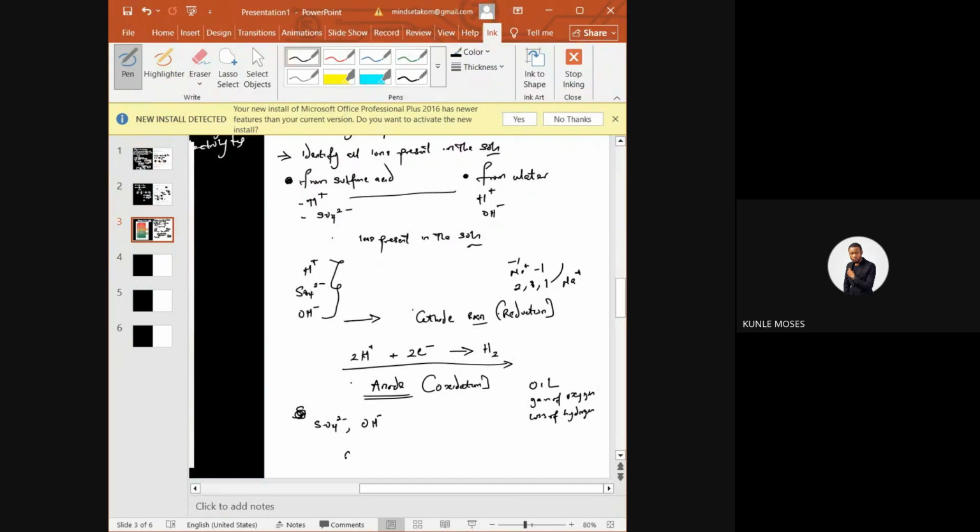So that means OH minus will be oxidized, losing an electron, to form oxygen plus water, plus e minus. At the anode, oxidation means it is losing electrons, so the electron will be on the product side. Is that taken? Now we need to balance this.